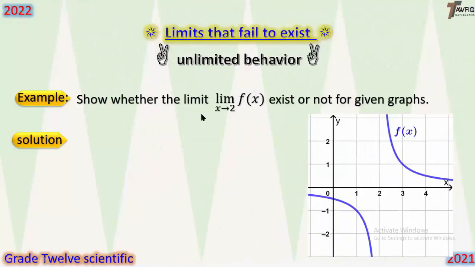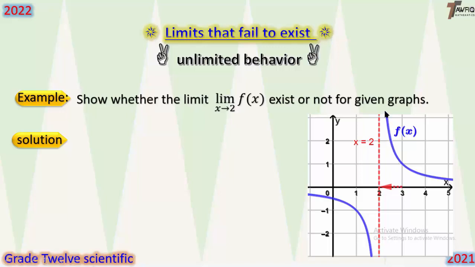Show whether the limit of f(x) as x approaches 2 exists or not for the given graphs. Here, when we approach from the right side, you can see that the graph of the function is increasing without bound. That means the right limit is positive infinity.